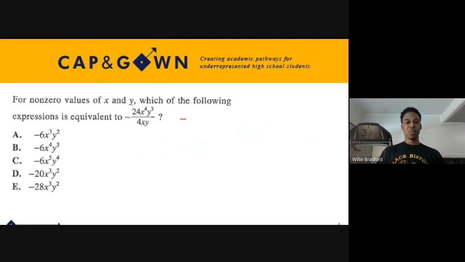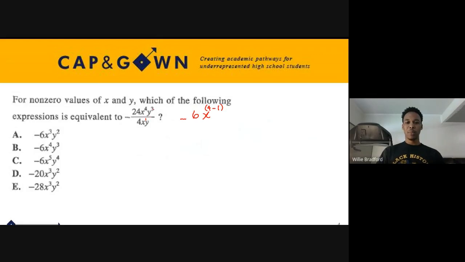I have 24 divided by 4. That should give me 6. And then I have x to the 4th divided by x to the 1st. Well, I'm going to say top minus the bottom. Don't forget there is a 1 there.